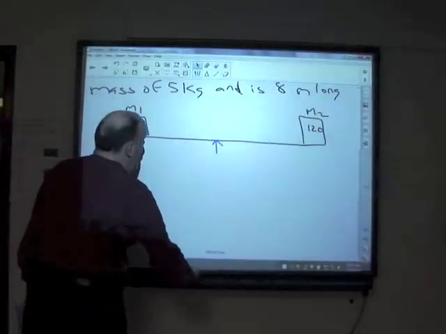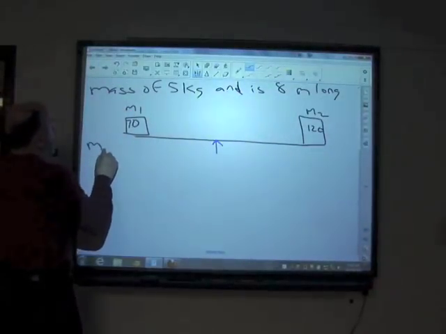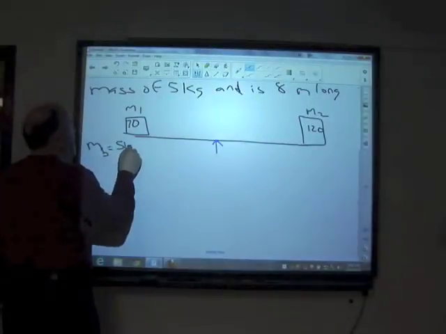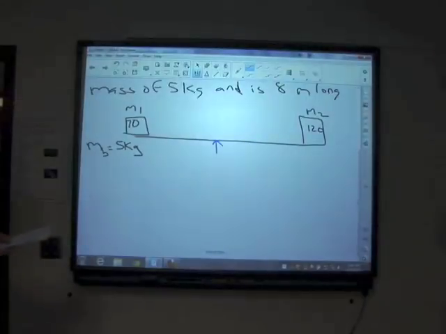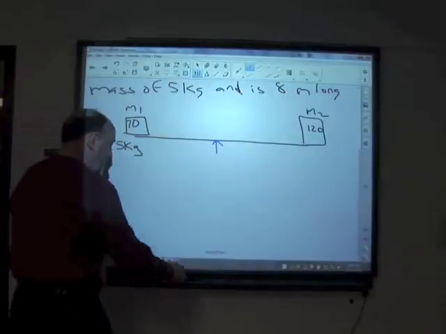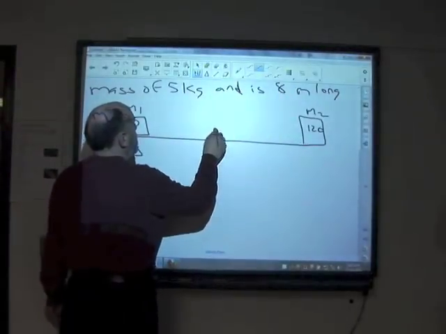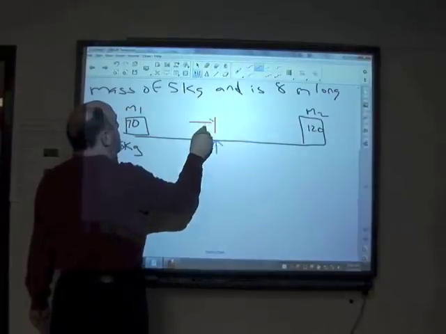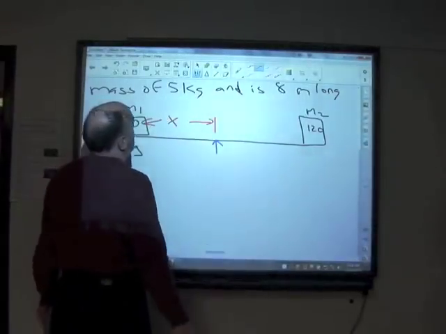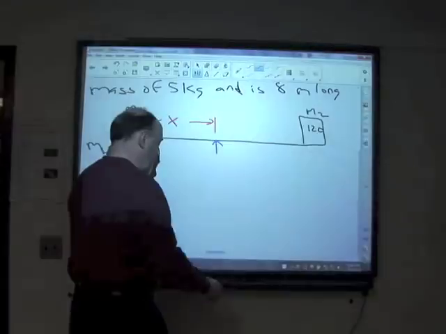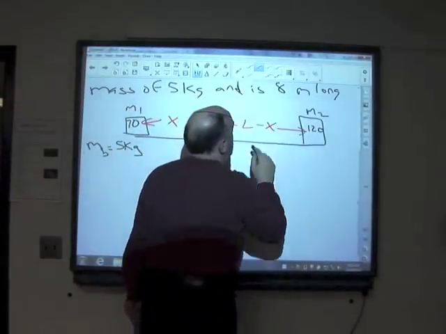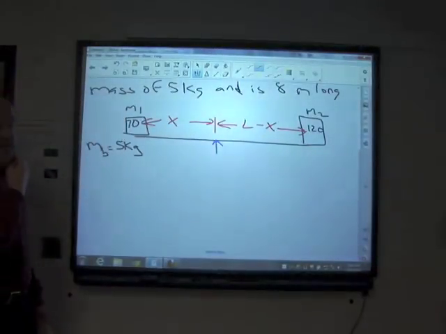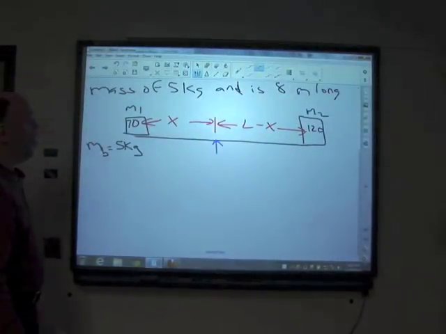We also know that the board itself has a mass of 5 kilograms and it is 8 meters long. Okay. So if I say that from here to here is given by x, then the distance from here to here will be given by L minus x, where L is the length of my board.